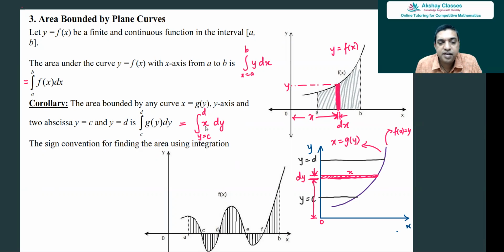So I get integral x dy from y equal to c to y equal to d. That x is g of y. So g of y dy, integral c to d. Remember again, I am telling an important point that this g of y is not the inverse. Both of this, x equal to g of y or y equal to f of x, represent the same curve.